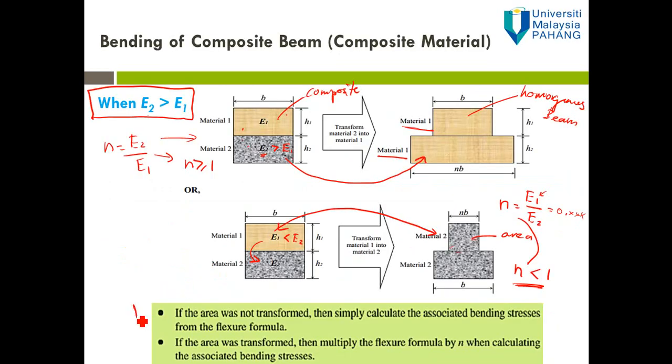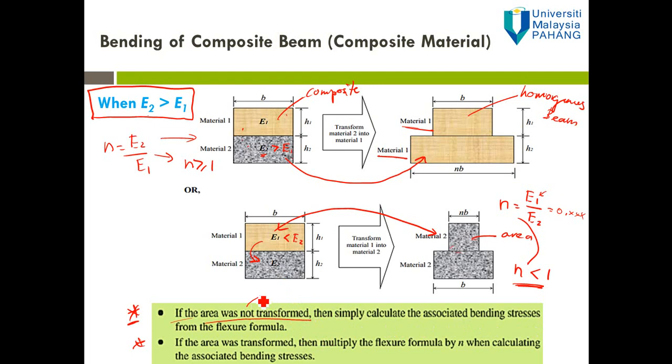Alright, so this is the explanation. If the area was not transformed, if we don't transform that material, then simply calculate the associated bending stress from the flexure formula.